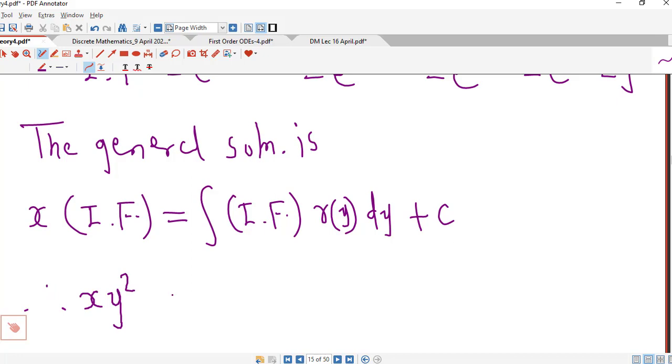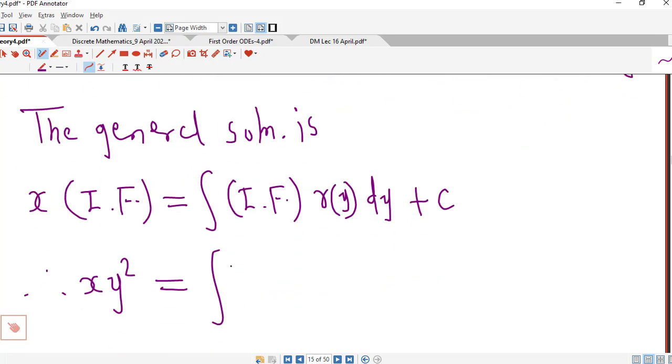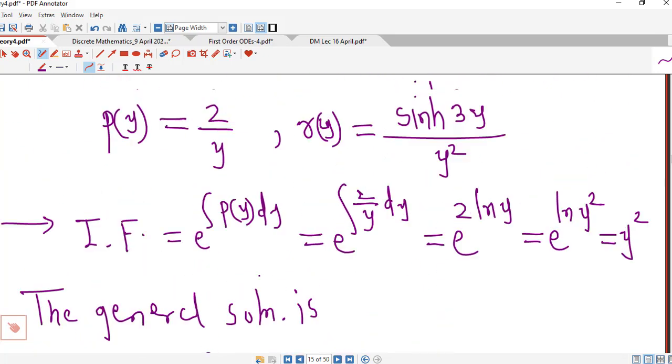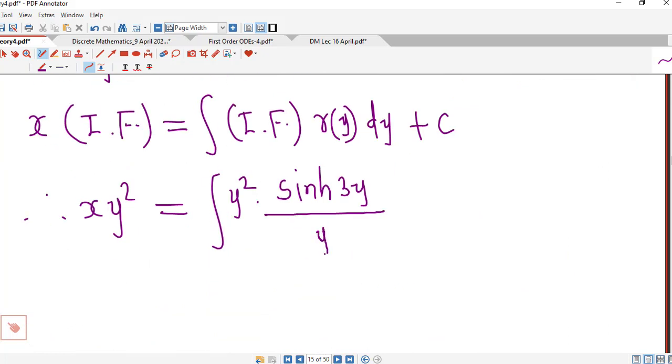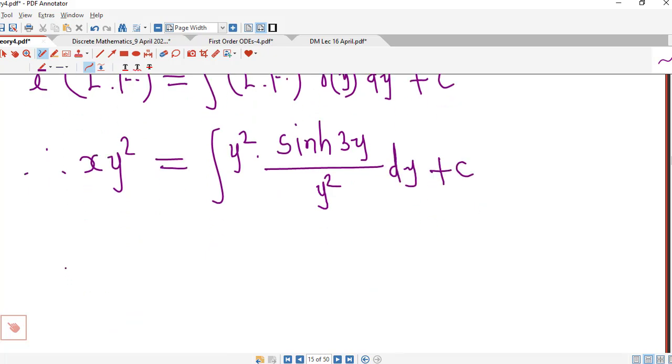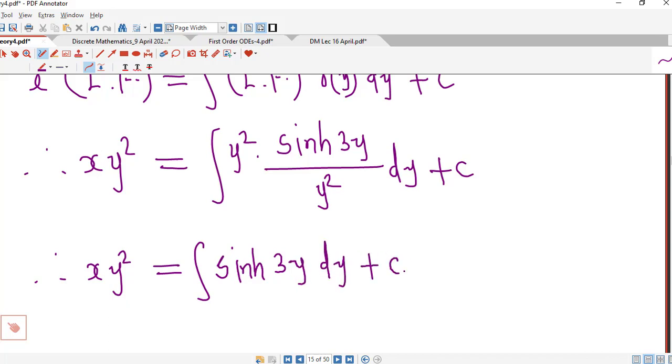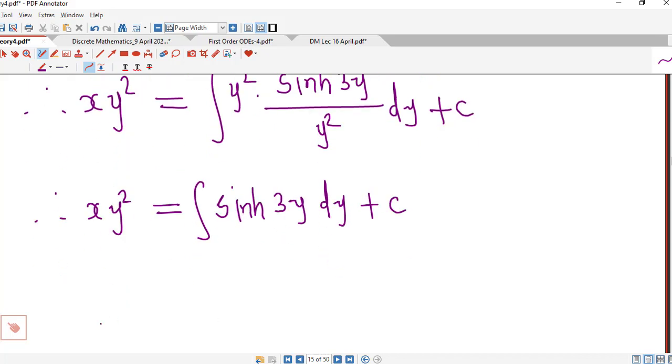The integrating factor is y square, and y square times the right hand side sinh 3y over y square, integral with respect to y plus c. Therefore x into y square equals the integral of sinh 3y with respect to y plus c.